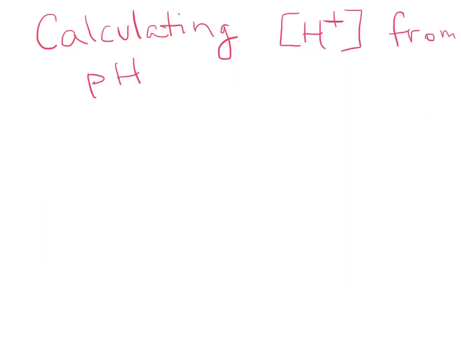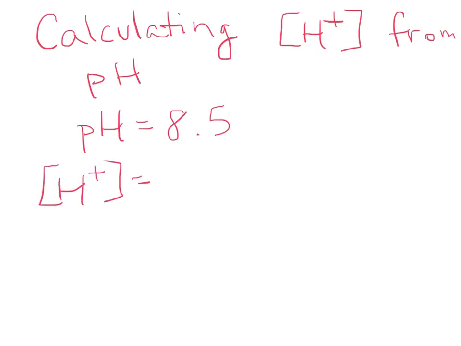On the previous slide we discussed how we could calculate the hydrogen ion concentration if we know the pH. So let's work an example problem. If I have a pH equal to 8.5 and I want to figure out the hydrogen ion concentration, I'm going to use this formula. So the hydrogen ion concentration equals 10 to the negative 8.5.